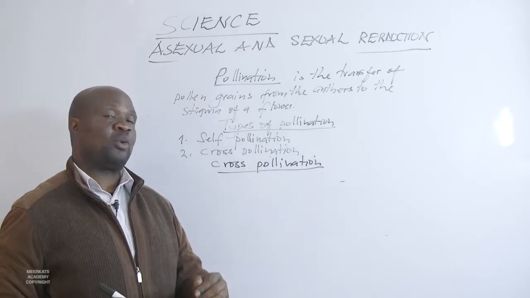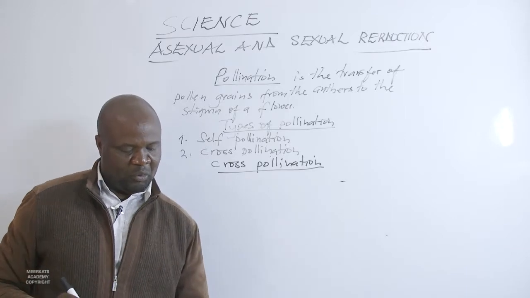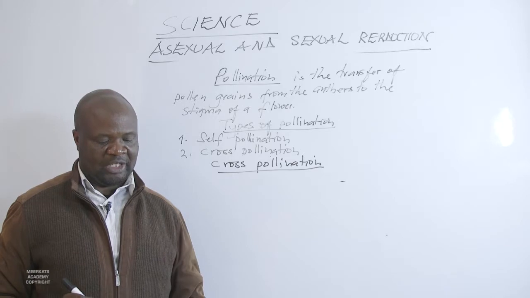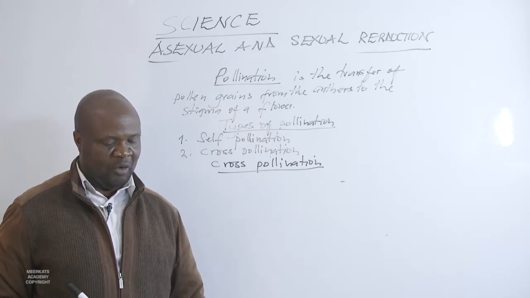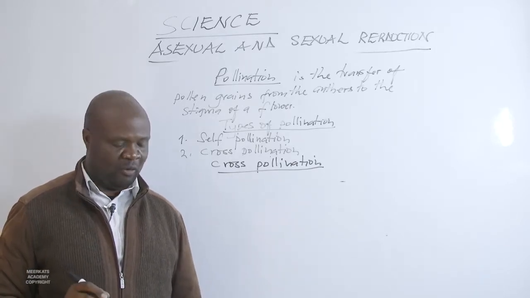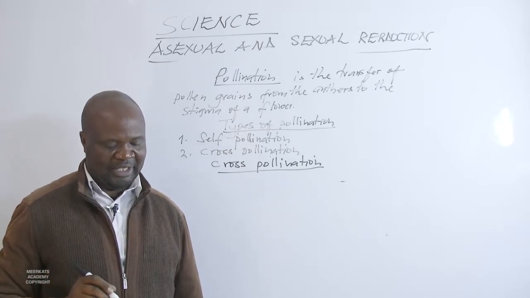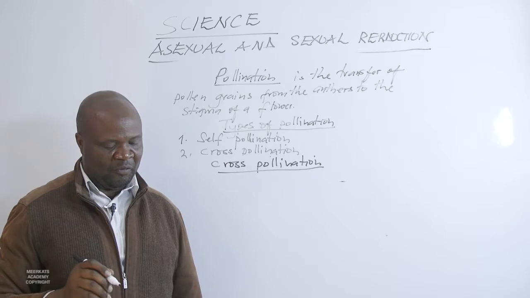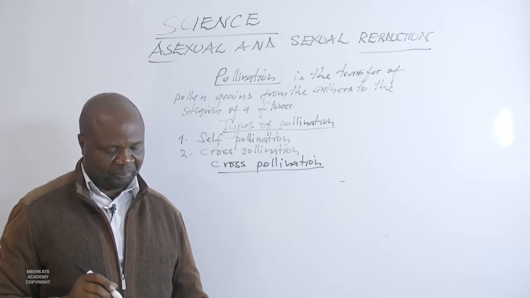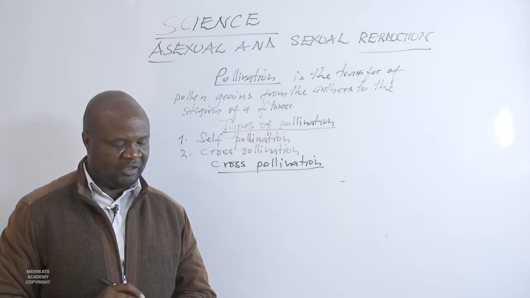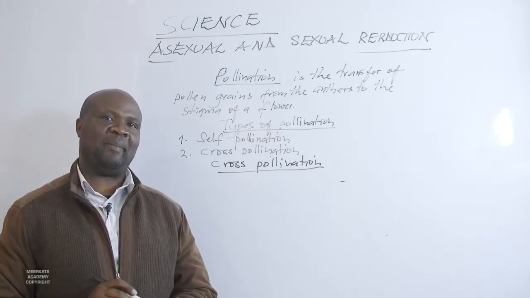What is cross-pollination? Cross-pollination is the transfer of pollen grains from the anthers of one flower to the stigma of another flower on another plant, but of the same kind and same family.